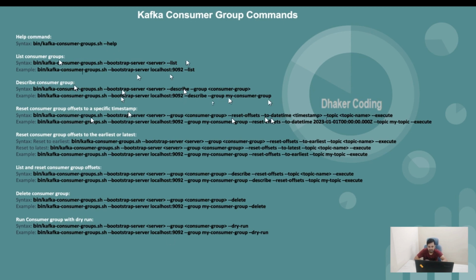In the example, just use the groups shell script, this is the broker, which consumer group, and then reset offsets to a specific date and time. So give --to-datetime and the time I want to reset my offset to, and for which topic, --topic name.